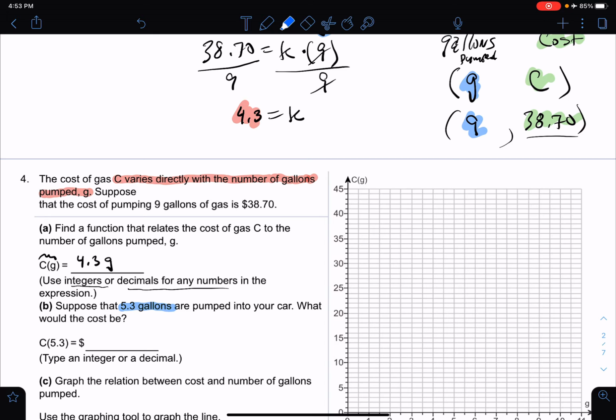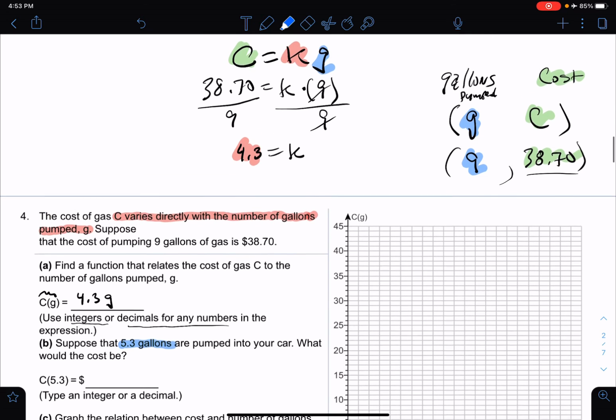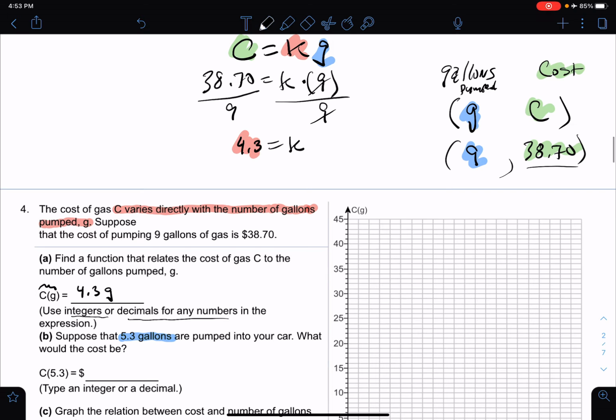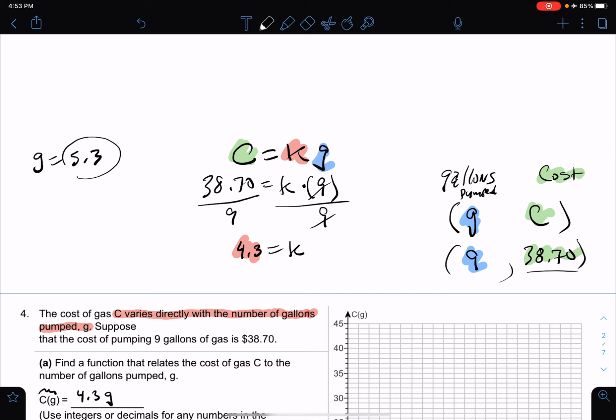Well, we have the equation, so that's not going to be a problem. We want to know what happens when G equals 5.3, so that goes in for G right there. Let's do the new equation. It's going to be C equals K, which was 4.3, times 5.3.